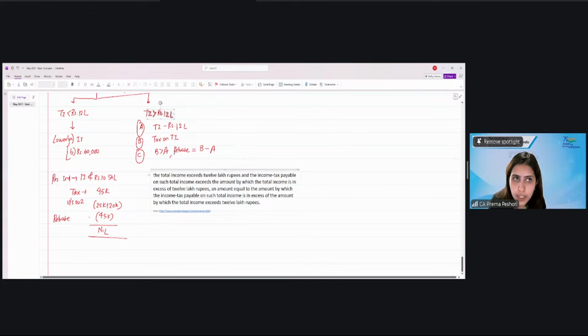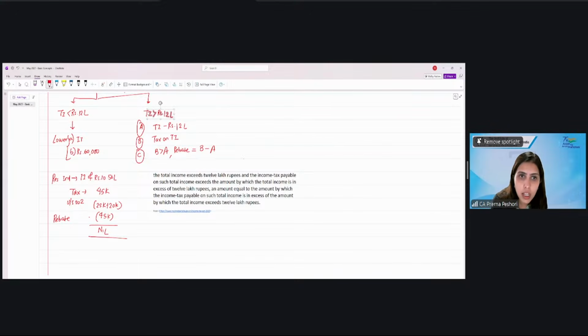This first wording is saying if the total income is exceeding rupees 12 lakh and the income tax payable on such total income, which is nothing but my step B, exceeds the amount by which the total income is in excess of 12 lakh rupees.